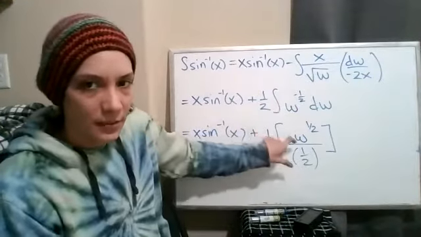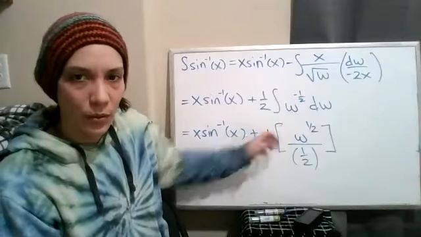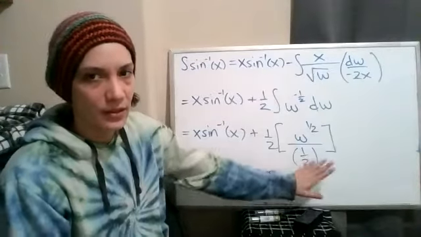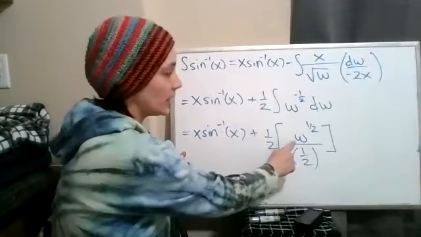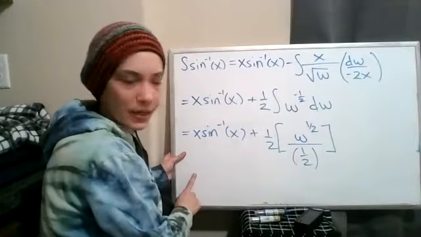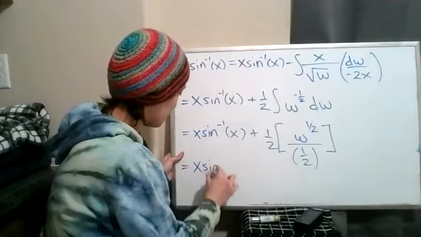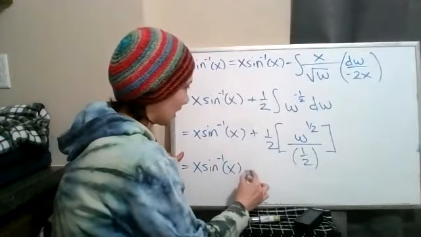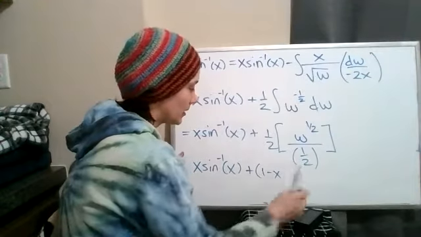Okay, so now 1/2 over 1/2 is going to reduce to 1. And we'll put in what w was. So last part, add 1 minus x squared.